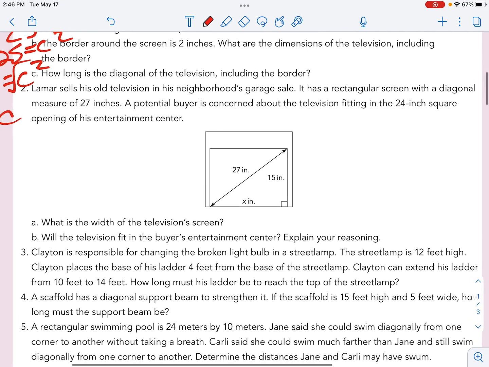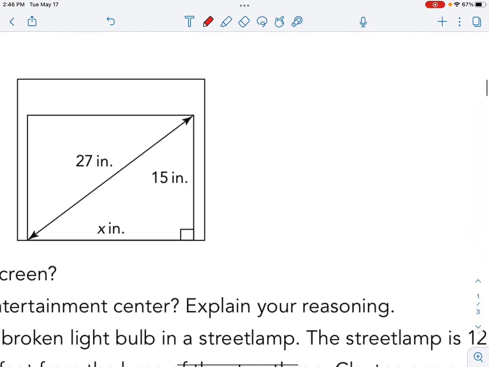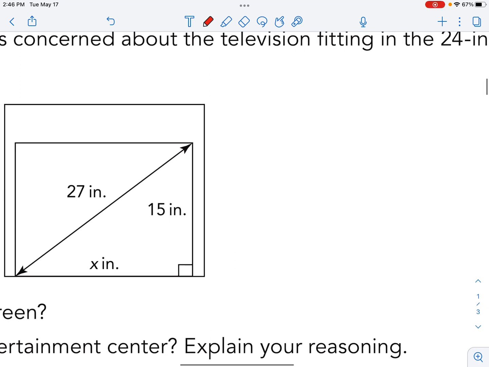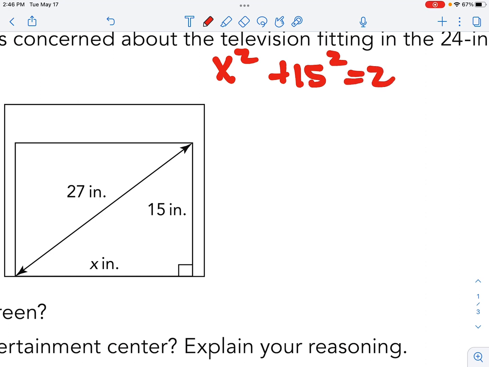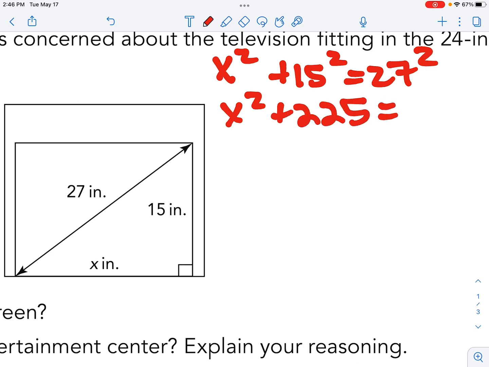Okay. So, television screen. So I'm going to take x squared plus 15 squared equals 27 squared. So I get x squared plus 225 equals, this is one I don't know off the top of my head. I used to, 729. Oh, I should have known that. Duh.